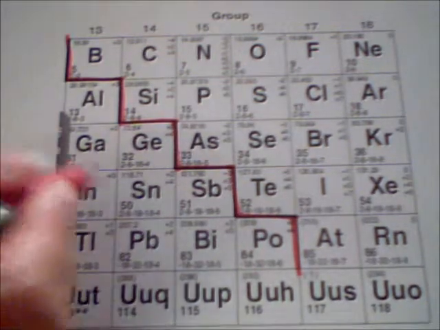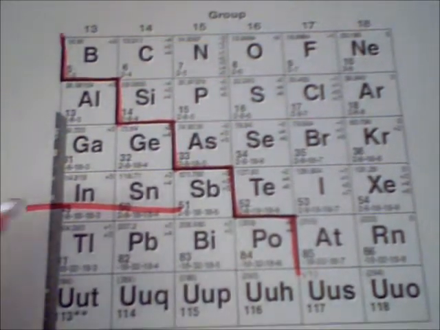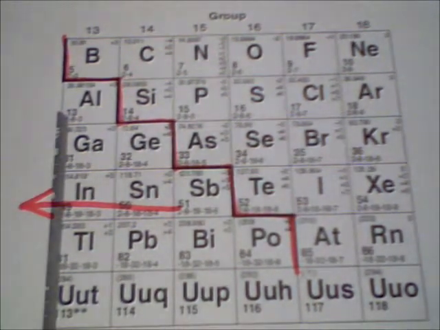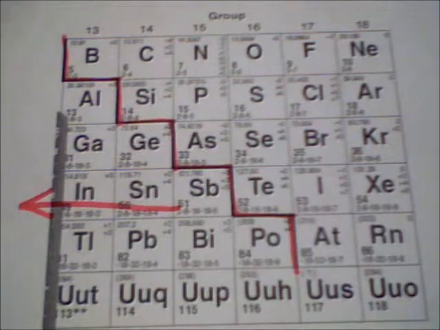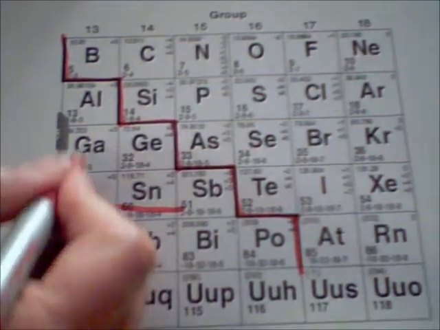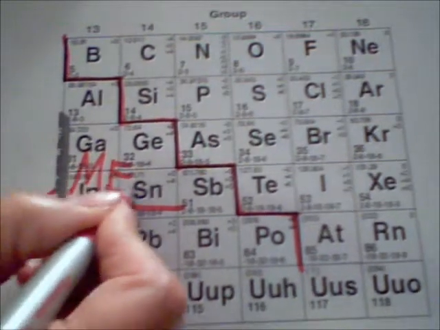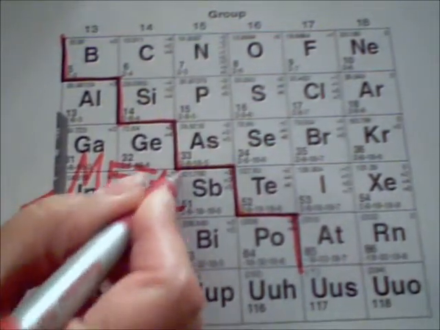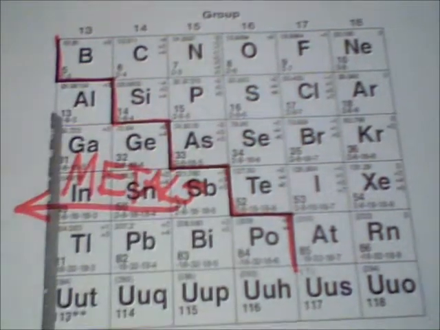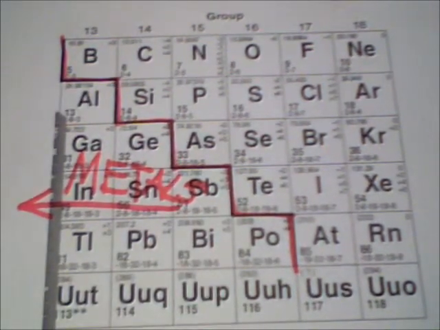The side to the left, or 3/4 of the table, is what is made up of metals. So all the metals are on the left side of that staircase.